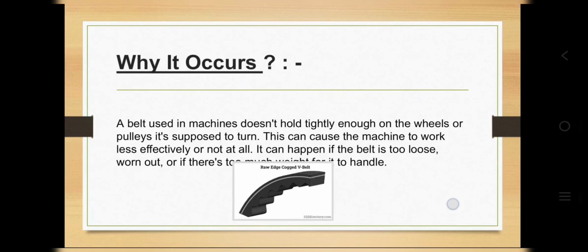It can happen if the belt is too loose, worn out, or if there is too much weight for its handling. The first case is when it is too loose. The second condition is when it is worn out, meaning very hot, with heat generated during the work. And the third condition is too much weight for the handler. So, next slide.